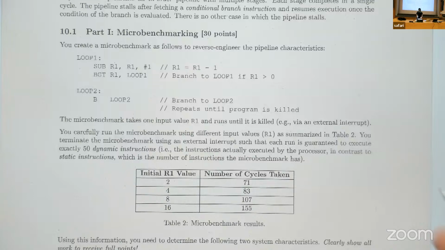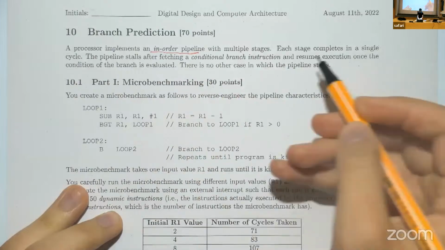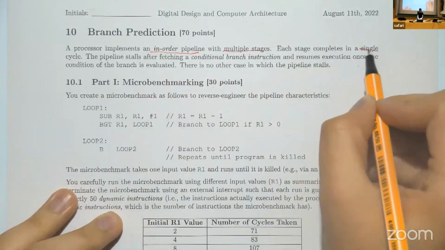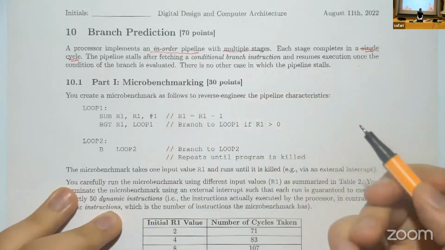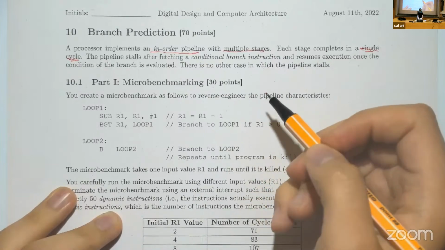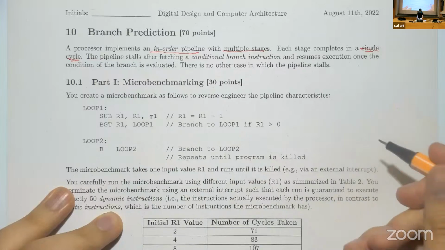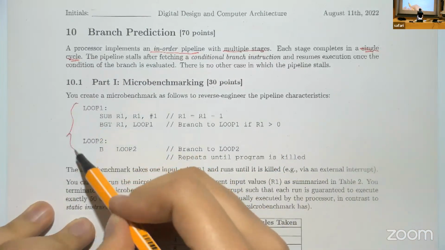Okay, so we know that the processor implements an in-order pipeline with multiple stages, and each stage completes in a single cycle. And it only stalls after we see a conditional branch instruction, and at other times we just complete all instructions without stalling. So here we have a code.